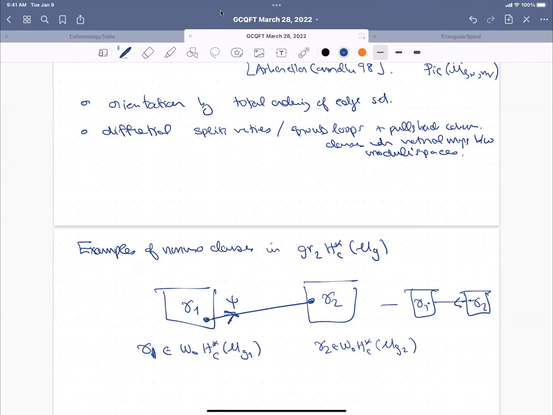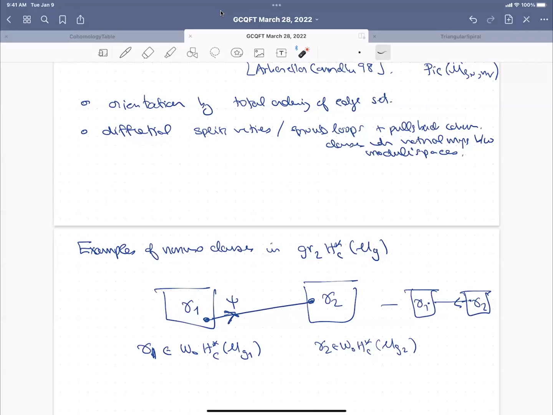And so what we do is we take the difference between these two psi classes. And so here you can see the shift by 3. So the number of edges here is the number of edges in gamma 1 plus the number of edges in gamma 2 plus 1. And there's plus cohomological degree 2 for the psi class. So this is how you get the shift by 3.